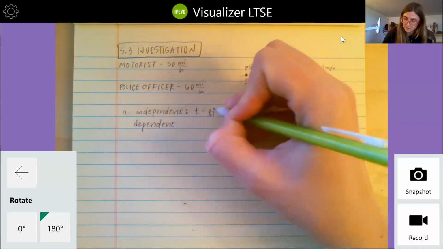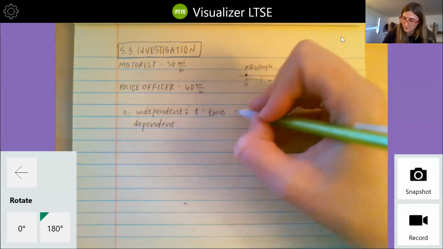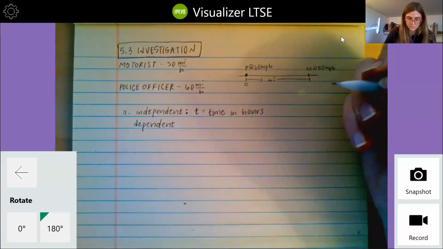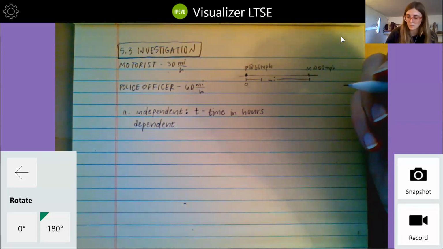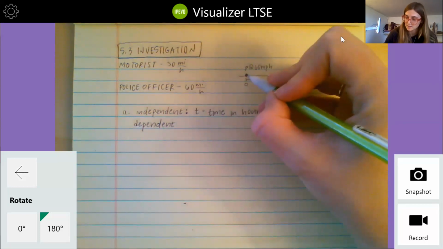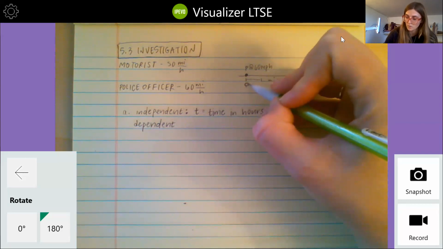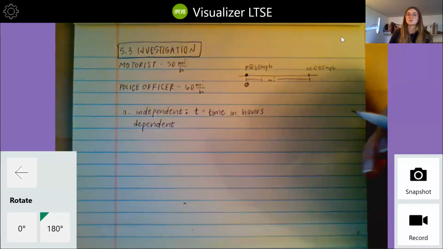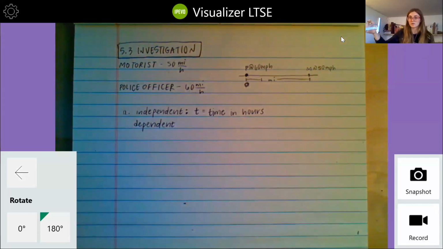So time in hours. And we'll say that when t equals 0, that's when the police officer is passing through this intersection. So right at that moment, that's when we're going to start counting.